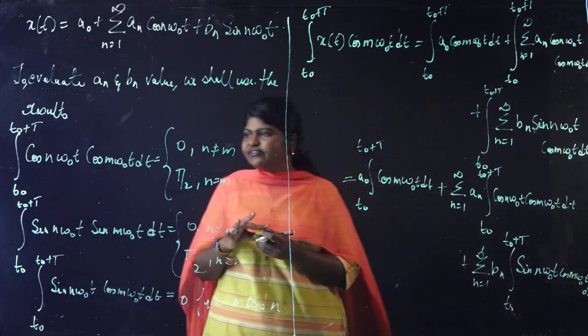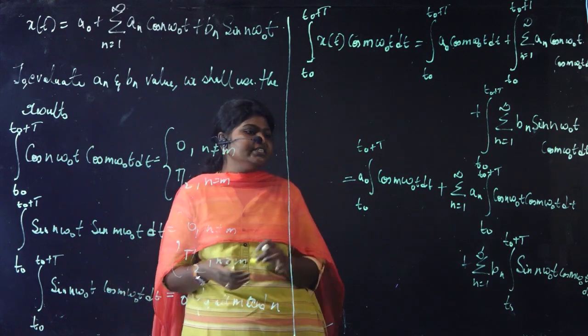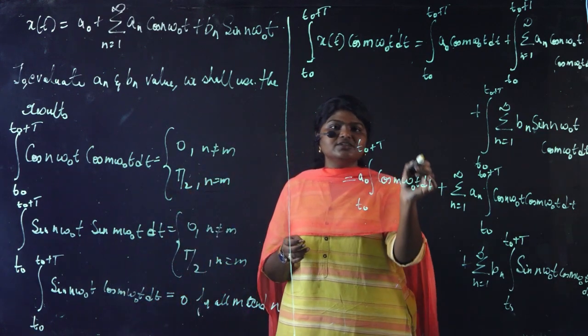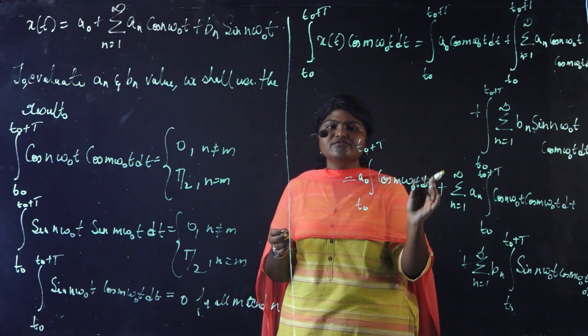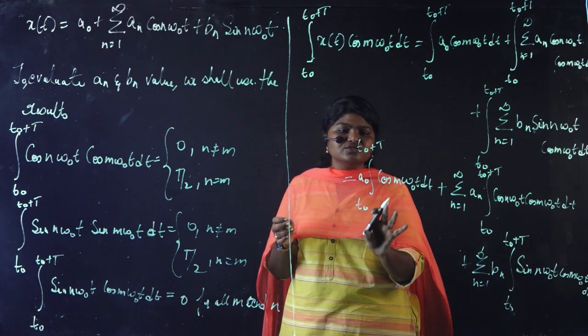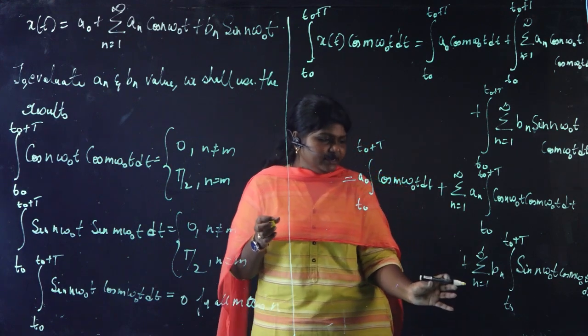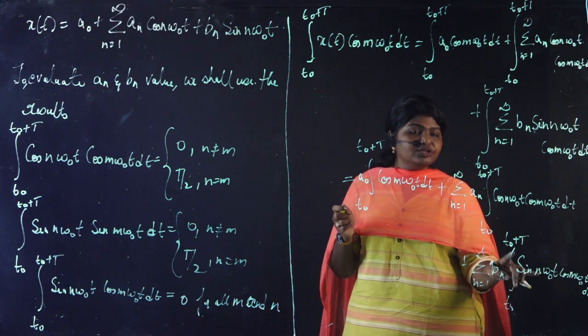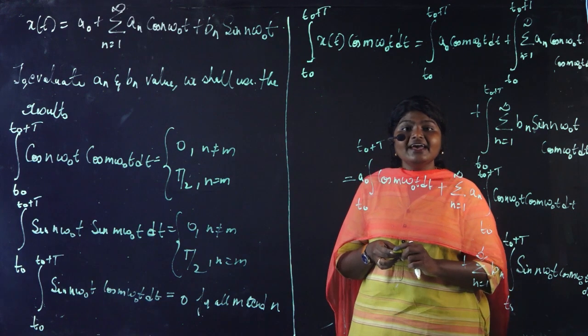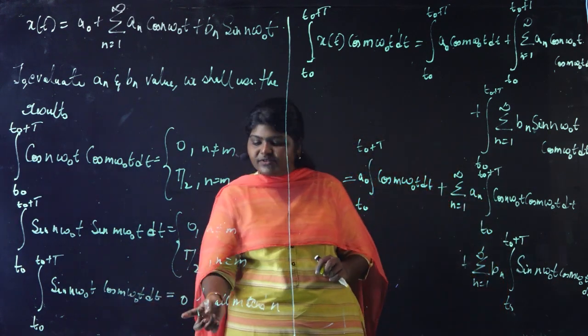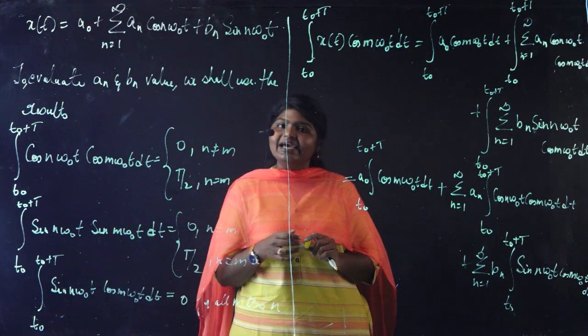So here we have some results and we're going to use them here. This term will be total 0 because the area under a period, at any value of m, will be 0. So this whole term will be 0. Coming to here, this is the integral from T naught to T naught plus T of sin n omega naught t into cos m omega naught t, so this will be 0 for all the values of m and n.